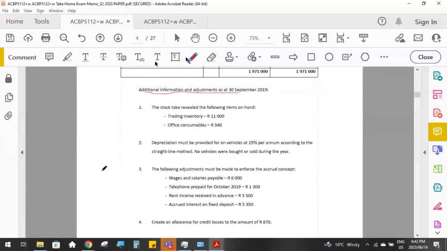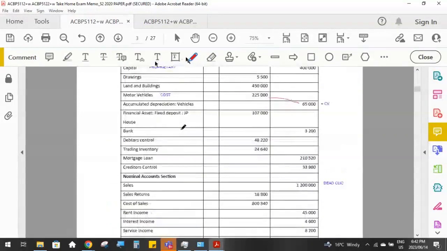So remember, in those questions in your textbook, the year-end adjustments that they always ask you to do are always pretty similar. We always have a physical stock count that we do, and we then have to compare the amount of physical stock that we counted to our theoretical stock that we have on our trial balance. So for trading inventory, we have counted 11,000 rands worth of stock.